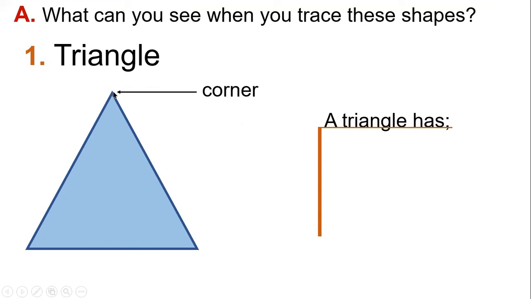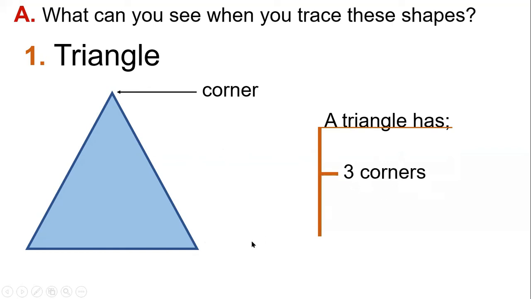So we have one corner, two corners, three corners. So altogether, we have three corners. Okay, so a triangle has three corners.